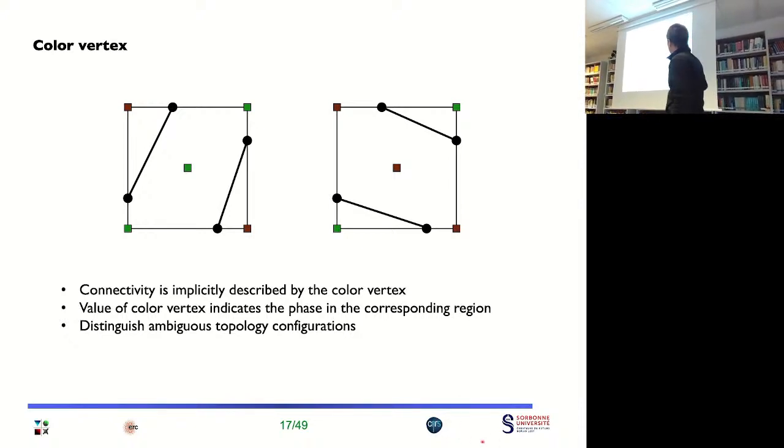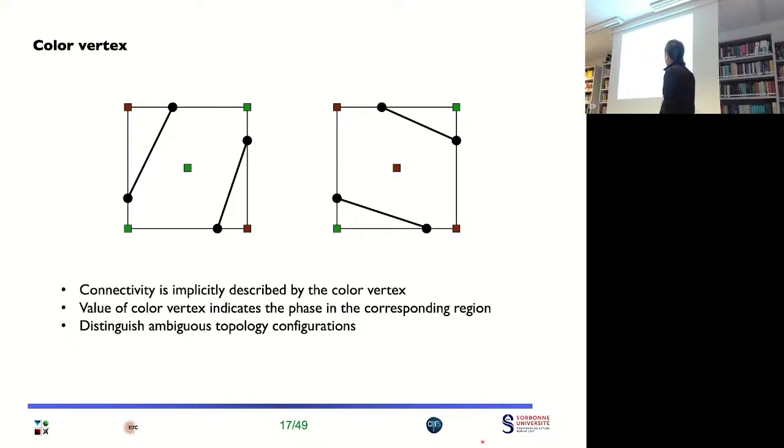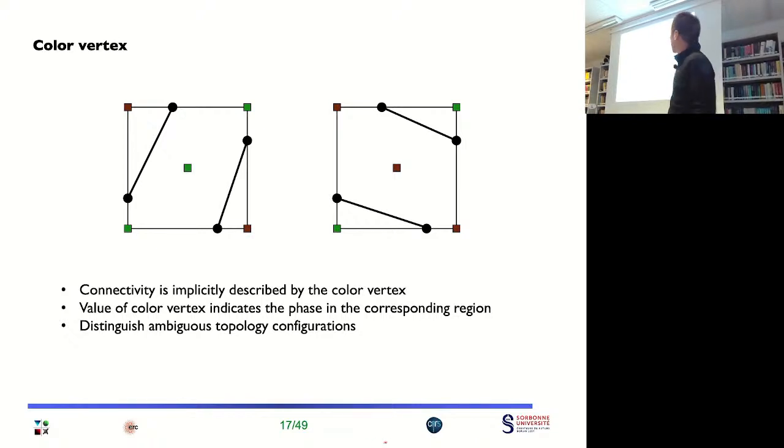So this color vertex will allow for thin film structures smaller than the grid size along the diagonal directions. The detailed algorithm for the evolving of the value of the color vertex is shown in our paper.